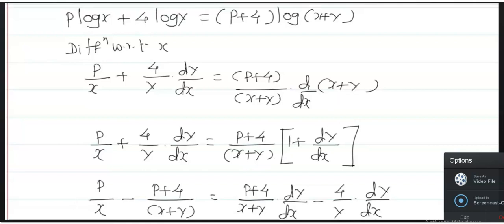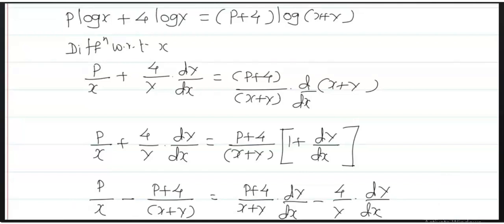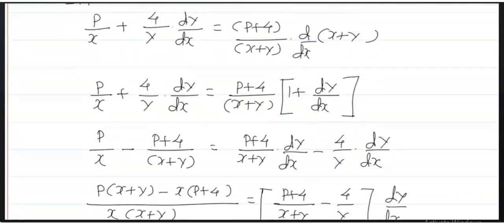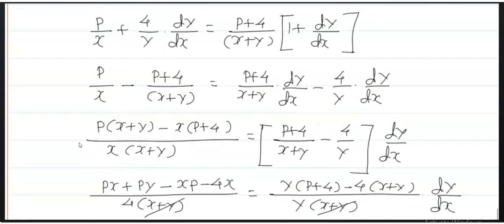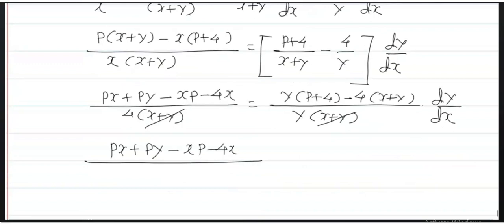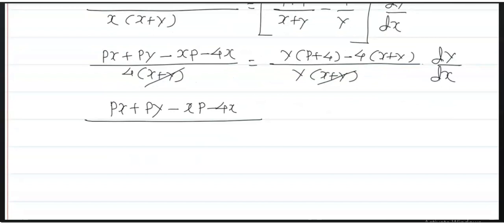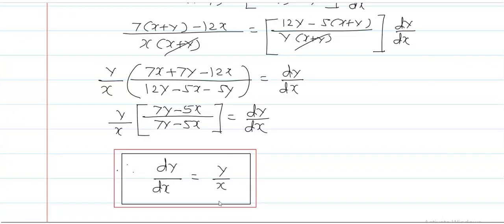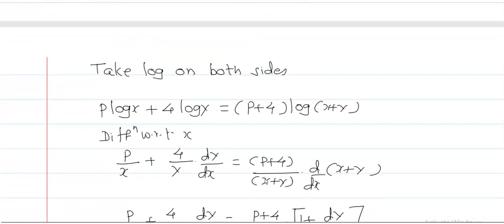And next simplification is that p upon x minus... cross multiplication. I will show you this second example.